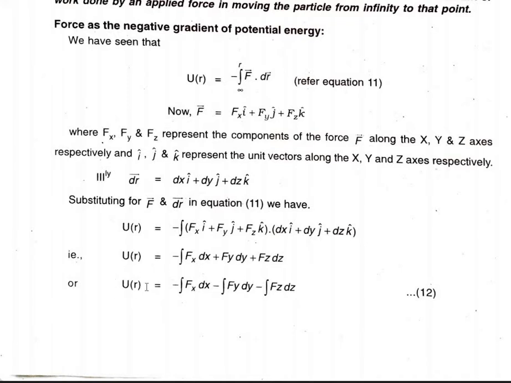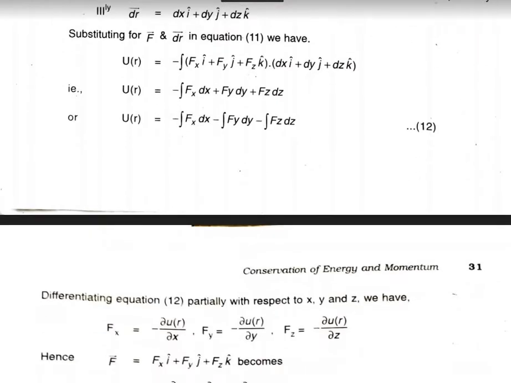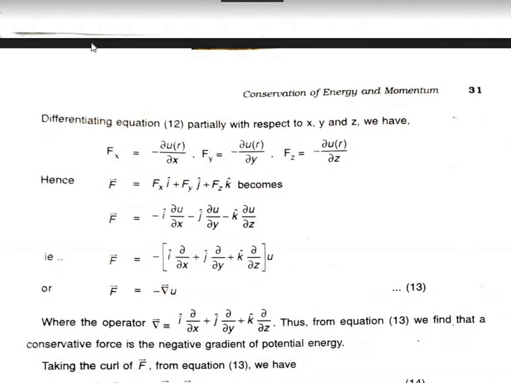So we get ∂U/∂x equals minus Fx, ∂U/∂y equals minus Fy, and ∂U/∂z equals minus Fz. So Fx equals minus ∂U/∂x, Fy equals minus ∂U/∂y, and Fz equals minus ∂U/∂z.